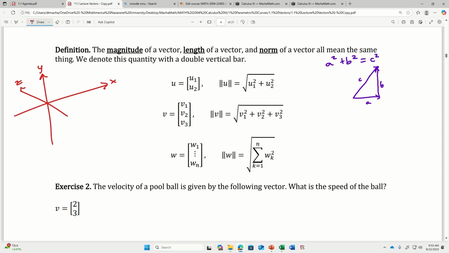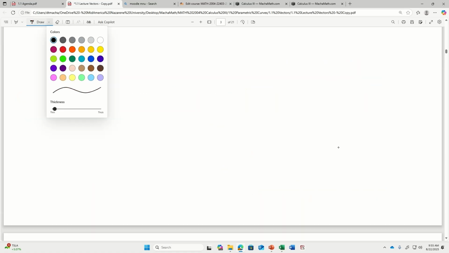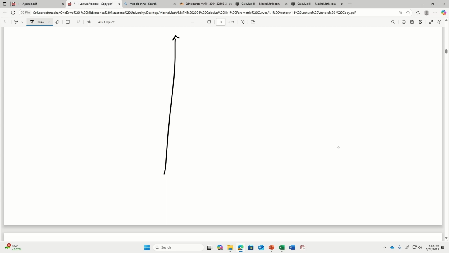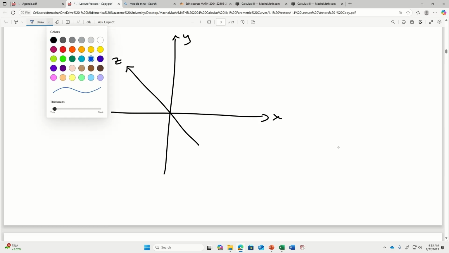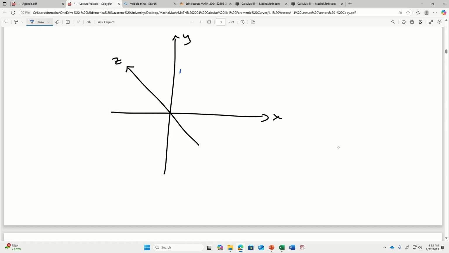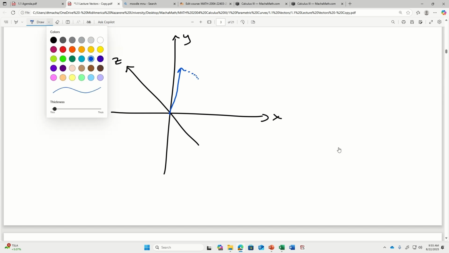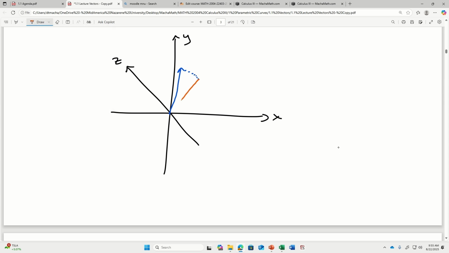Let me try to draw this for you. And I've already warned you that this is going to be a bad drawing, but I'm going to try. So here's x, here's y, here's my z axis. And then I've got this vector that is pointing kind of back. And it is going to be flattened or projected onto the xy plane. And so this is like the flattened version.